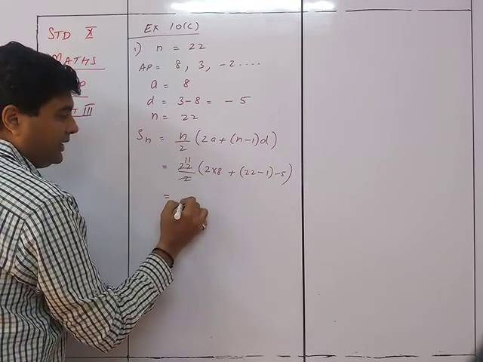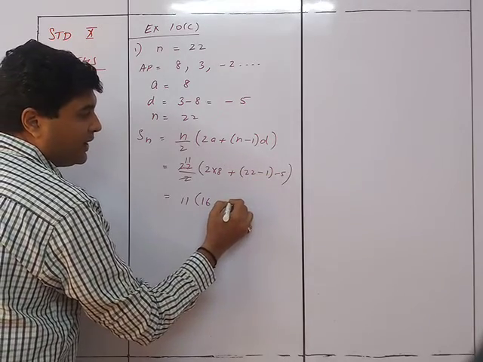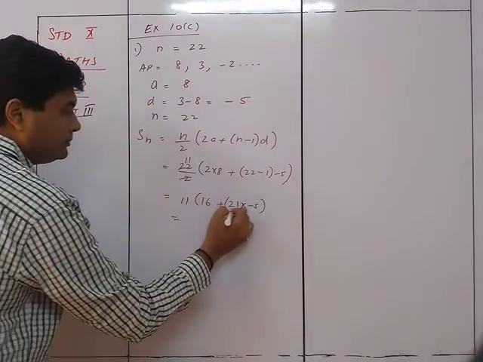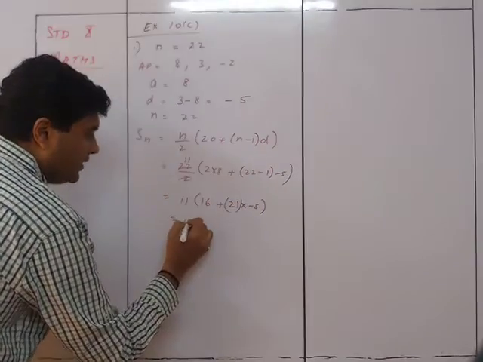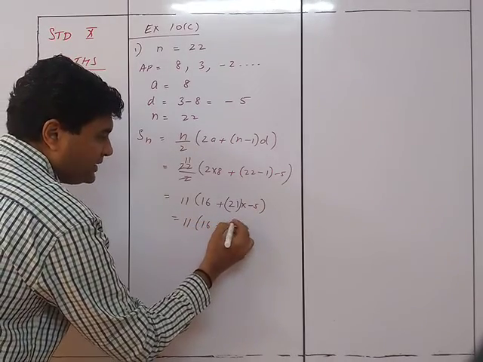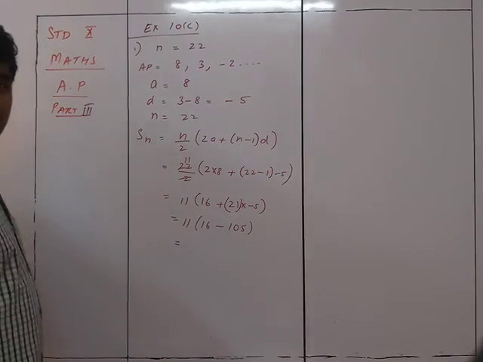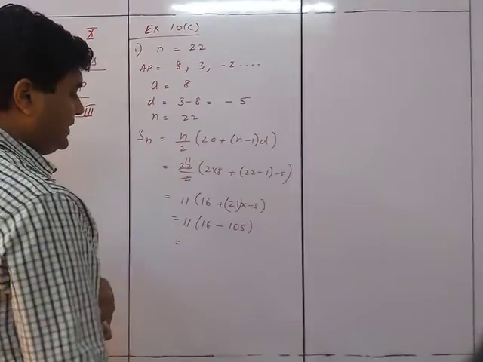That's 11 into 16 plus 21 into minus 5, so 11 into 16 minus 105. 105 minus 16 will be 89.